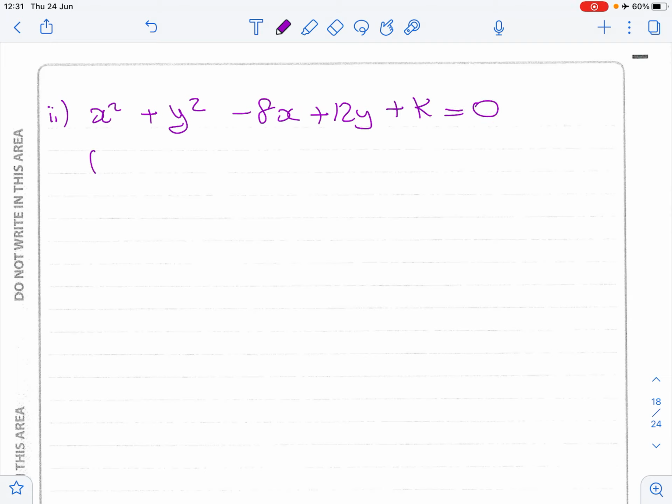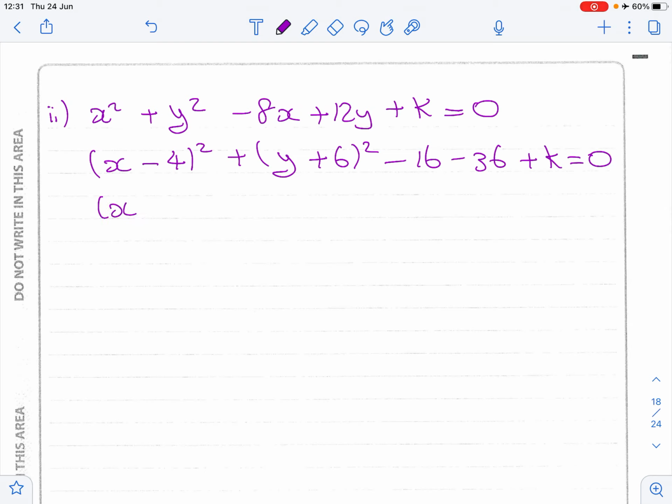So I complete the square: (x minus 4) squared plus (y plus 6) squared minus 16 minus 36 plus k equals 0. Just rearrange it. So I have (x minus 4) squared plus (y plus 6) squared equals 52 minus k.